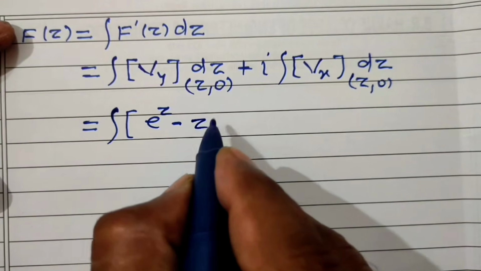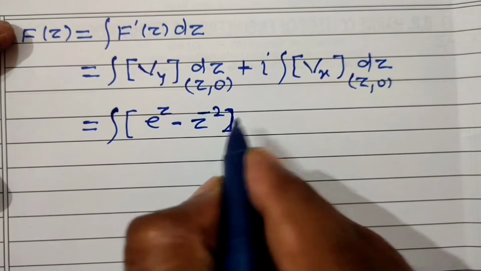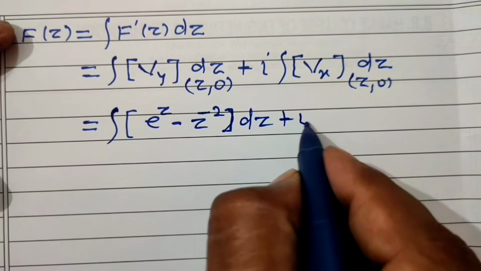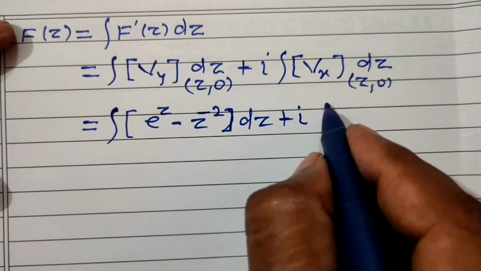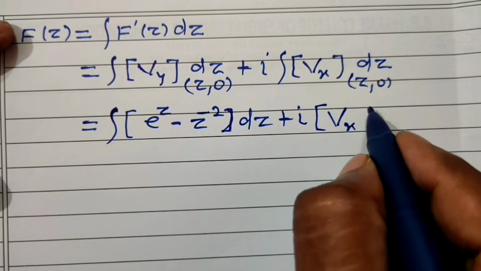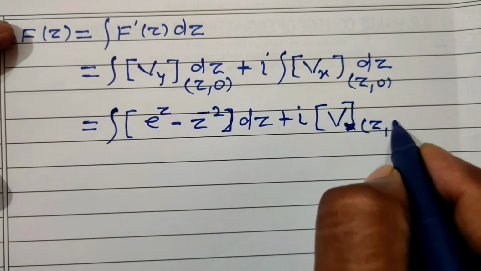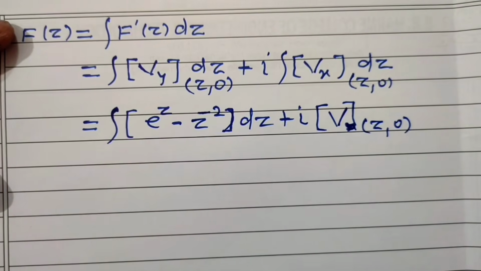We can write this as z to the power minus 2, integral with respect to z, plus I into, for this integral we can directly replace it by Vx, that is V at z comma 0.